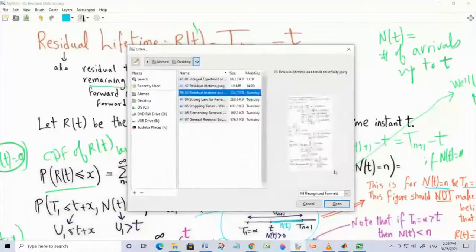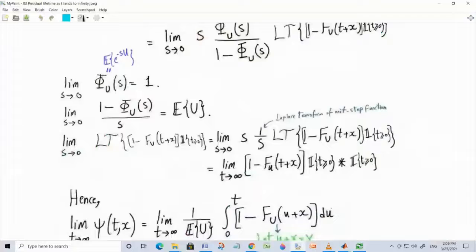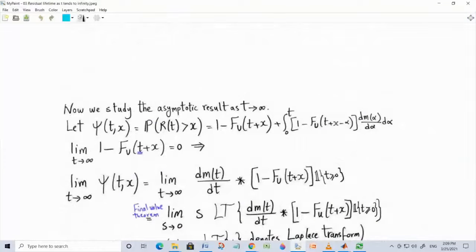Okay, so in applications, for example, if you are using remaining or residual times in analyzing a cellular system or doing something practical, it seems that this PDF for R of T is very complicated, and it depends on T, and we want something simpler.